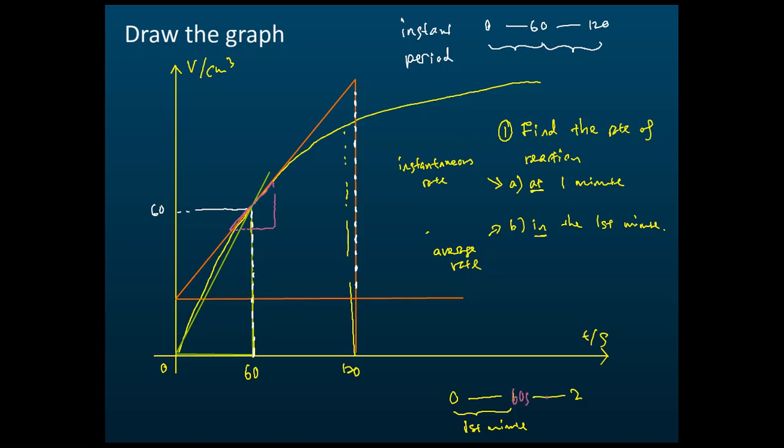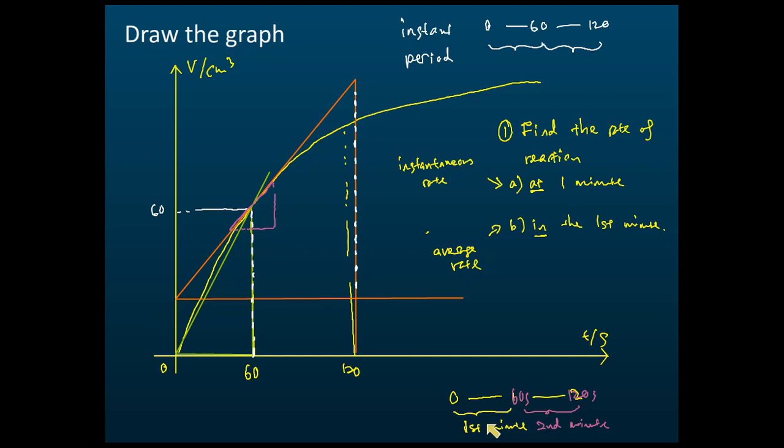This is 60 seconds, and this is 120 seconds. So from 0 to 60 seconds, this is the first minute. From 60 to 120, this is the second minute. So first minute, second minute, this is a period of time.